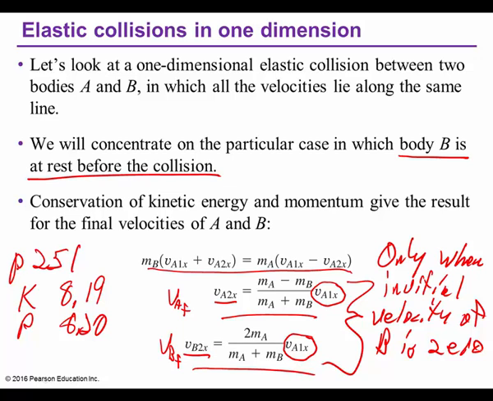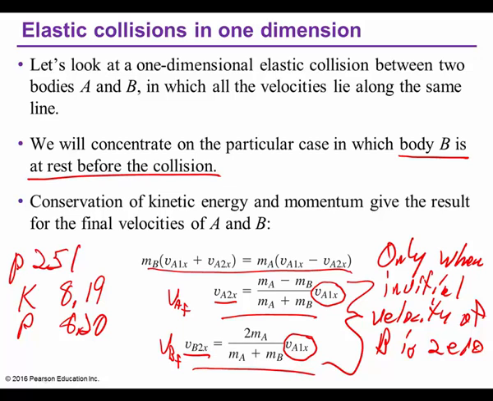If the initial velocity of B is not 0, then we have to solve different equations, but we're just going to stick with this right now. These are a little bit more complex equations. So those are for when only B is 0, or A could be 0 and B be moving.